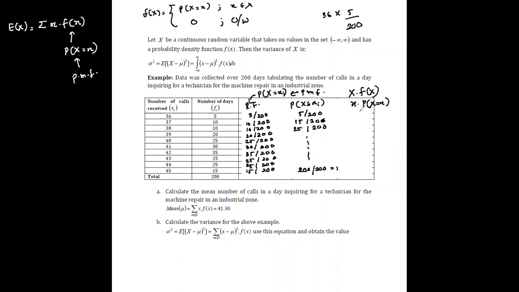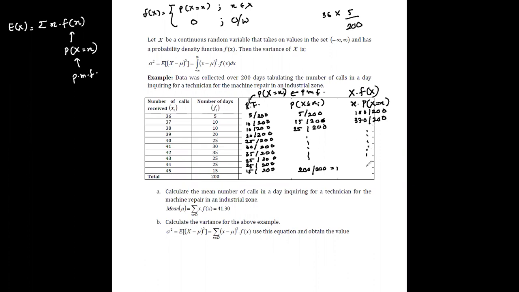Here you will get 180 over 200. Likewise, you perform the calculation for the rest. If I do the second one, it is 37 multiplied with 10 divided by 200, which gives 370 divided by 200. Likewise, you may have the values.